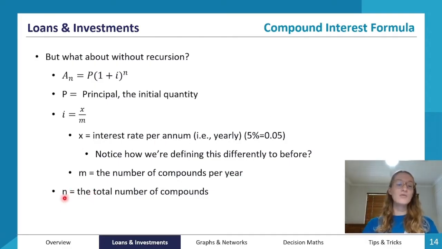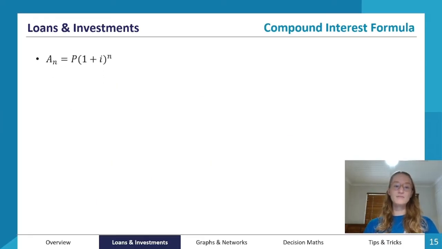That would mean N would be equal to 12 times 3, which is 36, because it's compounding every single month for 3 years, which is how we get 36 compounds.